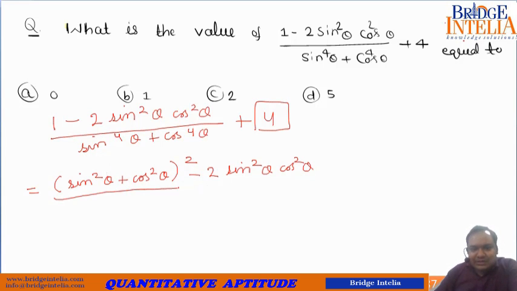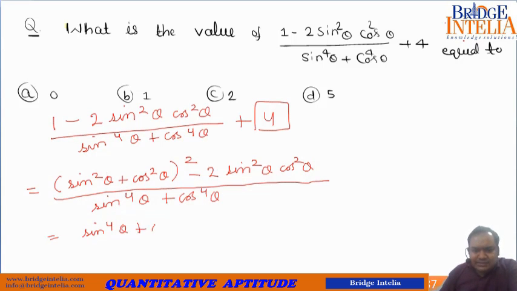This, when divided by sine to the power 4 theta plus cos to the power 4 theta, becomes what is the question. We keep this 4 aside for some time. So this will be equal to sine to the power 4 theta plus cos to the power 4 theta plus 2 sine square theta cos square theta, because this is the expansion of (sine square theta plus cos square theta) whole square.